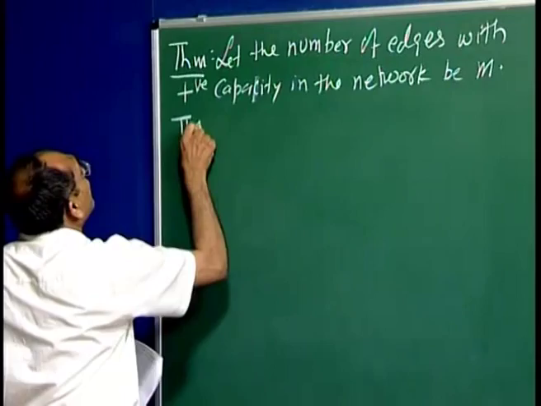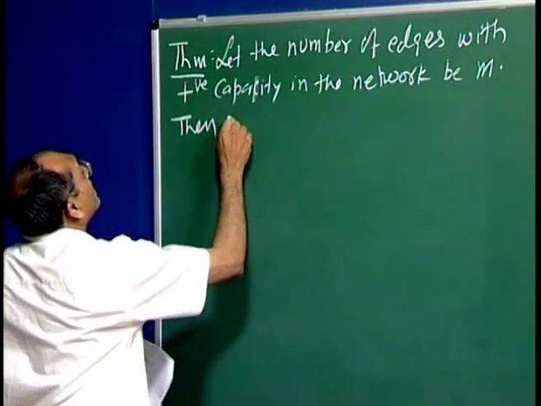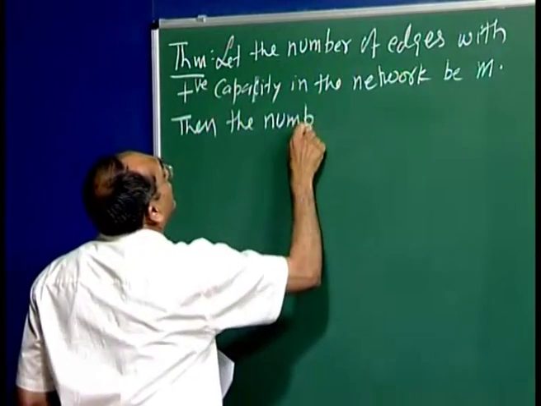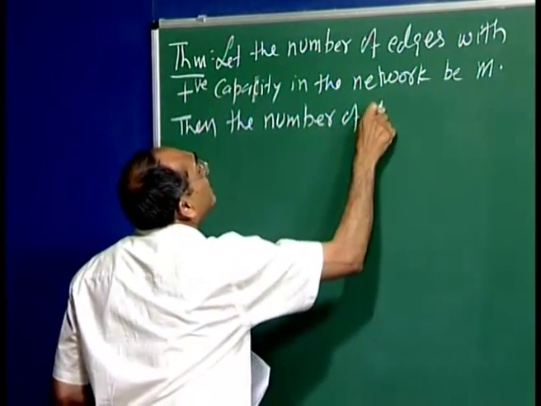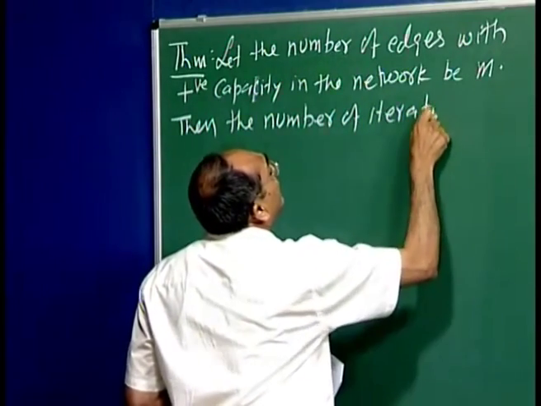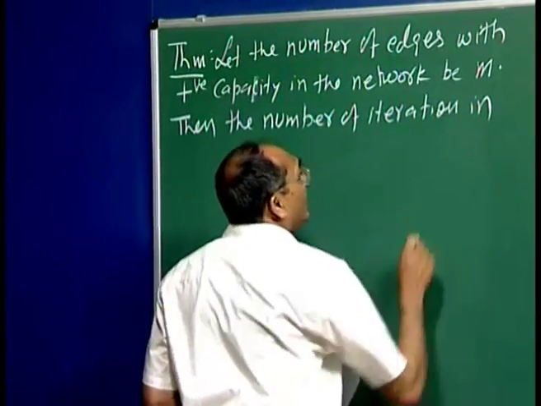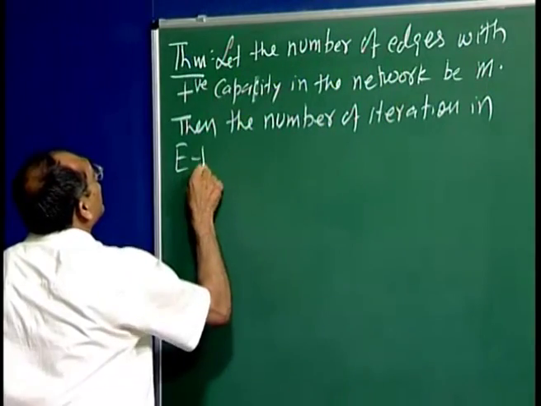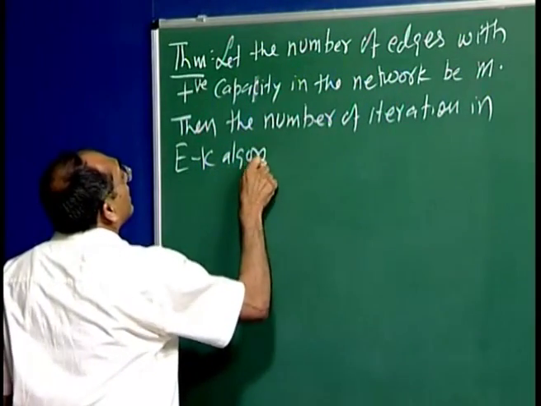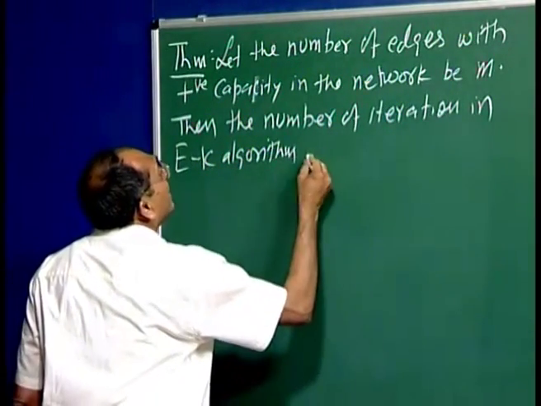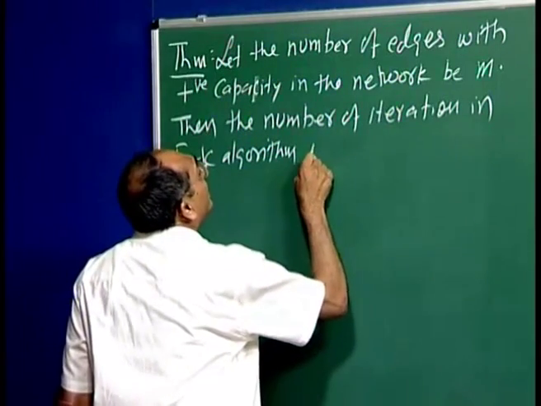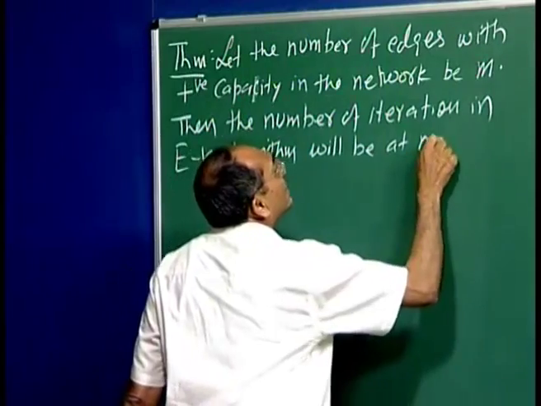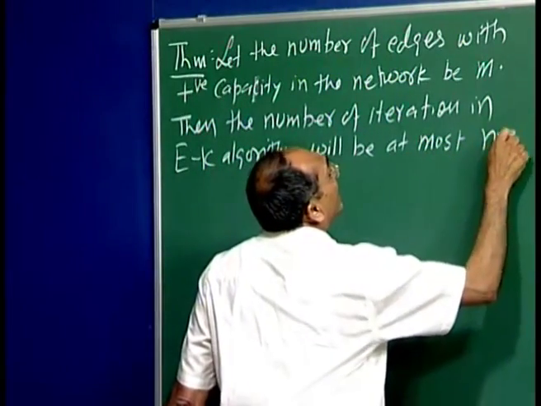Then the number of iterations in Edmonds-Karp algorithm will be at most n times n.